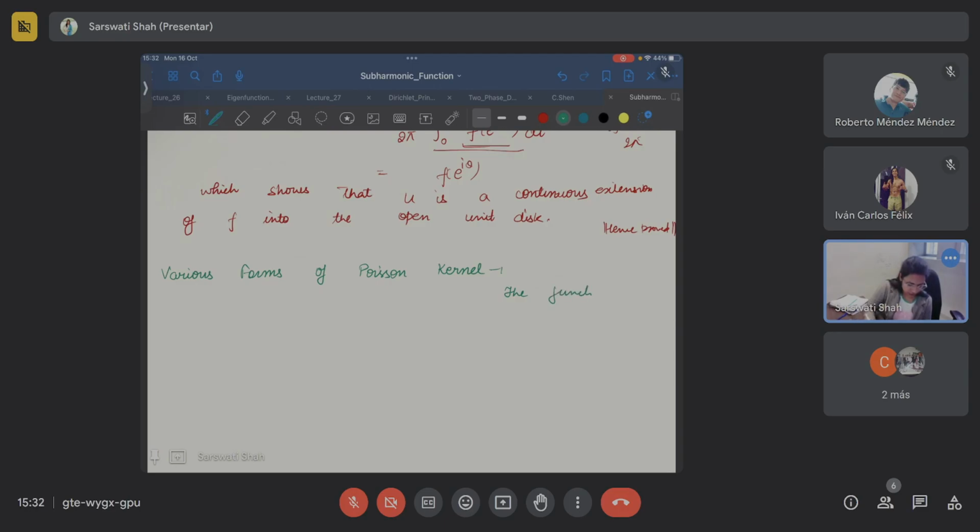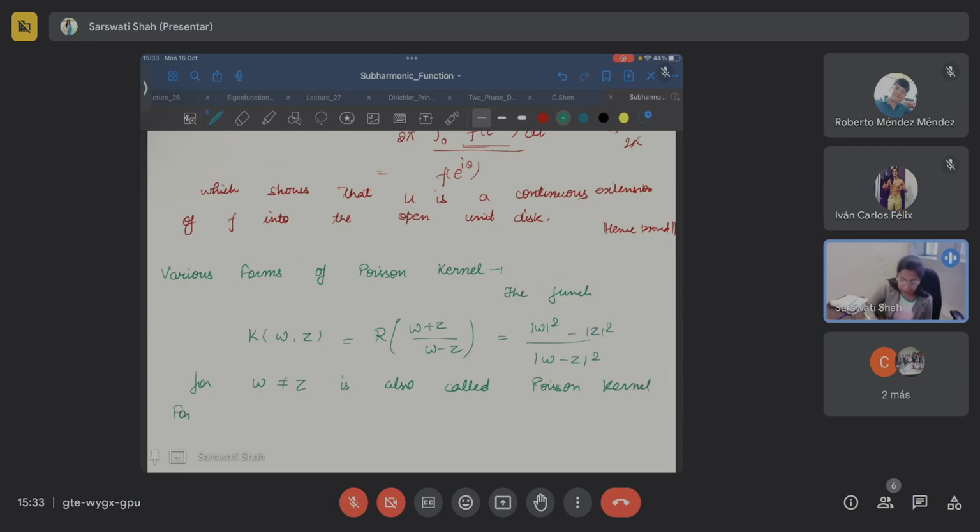The function k of omega, z, for omega not equal to z, is also called the Poisson kernel.